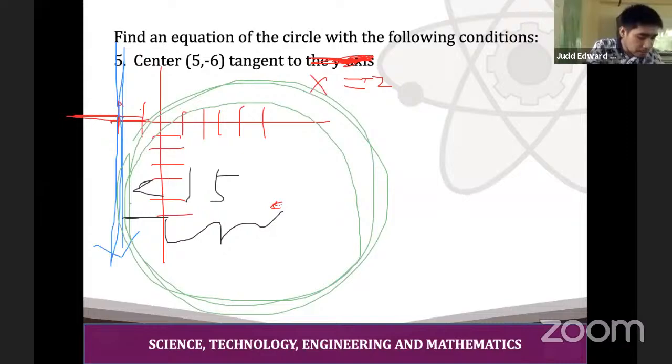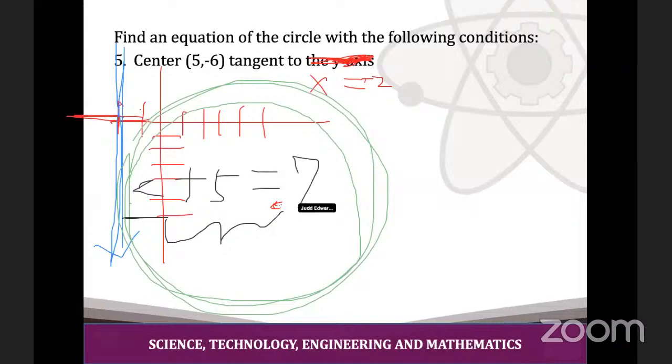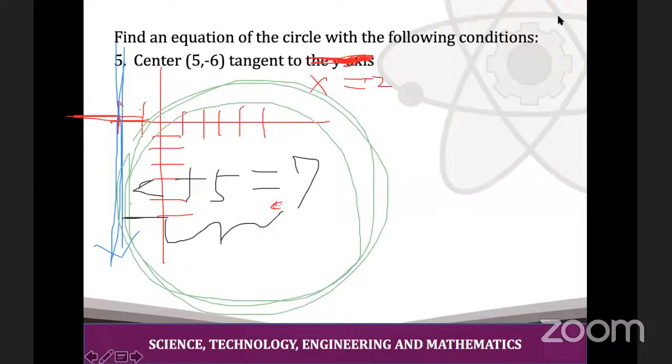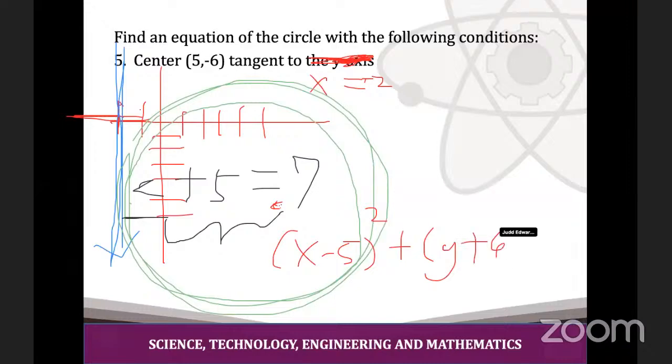Therefore, 2 plus 5 is 7, so the radius is equal to 7. If the radius is equal to 7, what will be the equation of the circle, Mr. Sandig? X minus 5 quantity squared plus y plus 6 quantity squared equals 49.